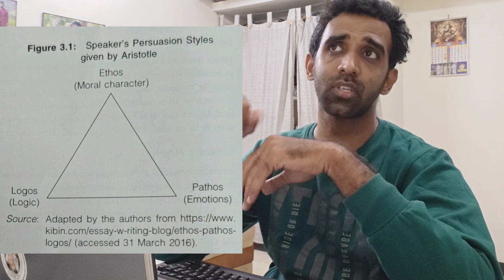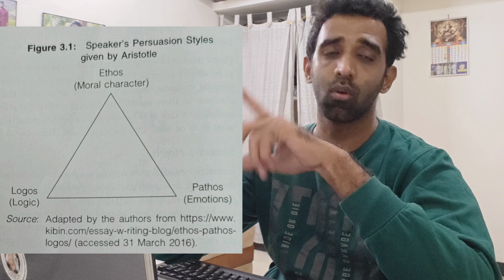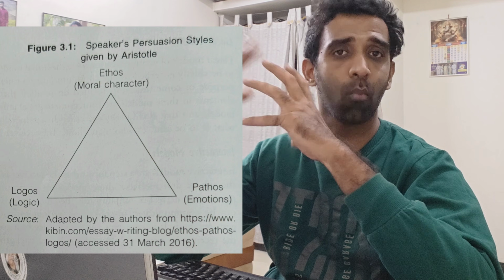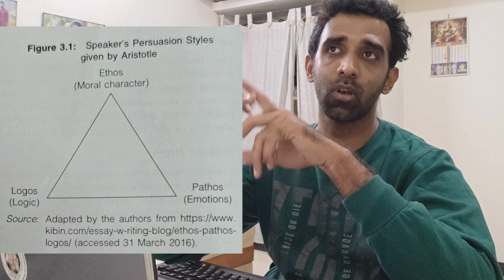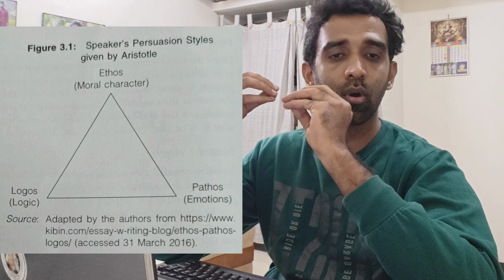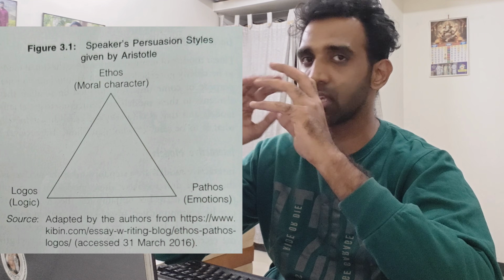To persuade the audience, Aristotle suggested 3 styles: ethos, logos, and pathos. Ethos is the speaker's moral character. Logos is logic, which is about convincing the audience.